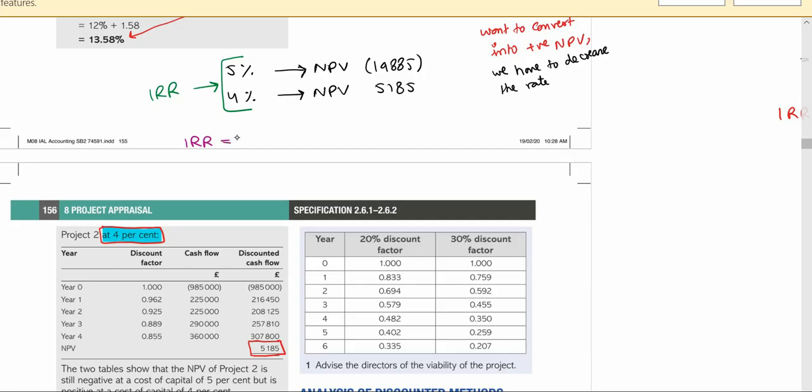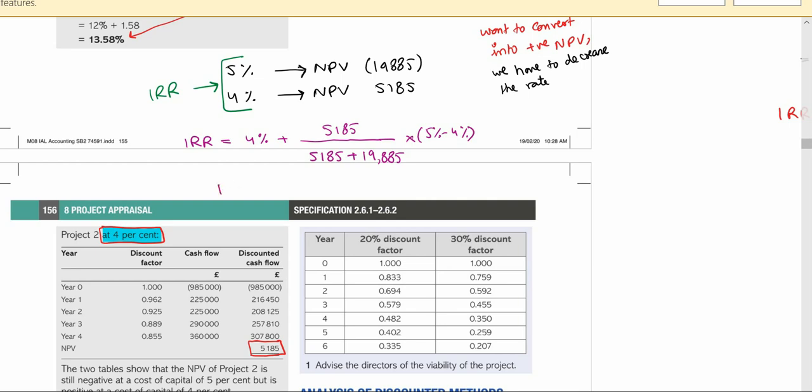IRR is equal to the lower rate, 4%, plus the NPV at the lower rate, 5,185, divided by 5,185 plus 19,885, multiplied by 5% minus 4%.